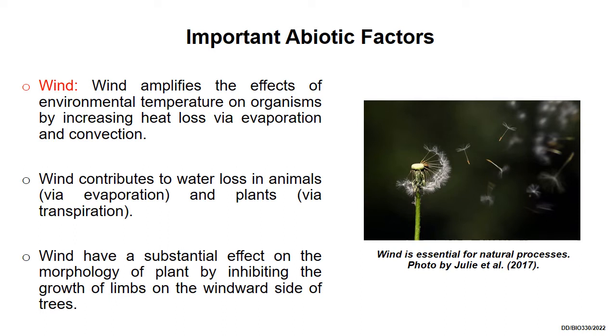Another impact of wind on living organisms can be observed in plants, because wind is able to inhibit the growth of limbs on the windward side of trees. And if you read further, wind is very essential for natural processes. Plenty of natural processes can be affected by the wind.